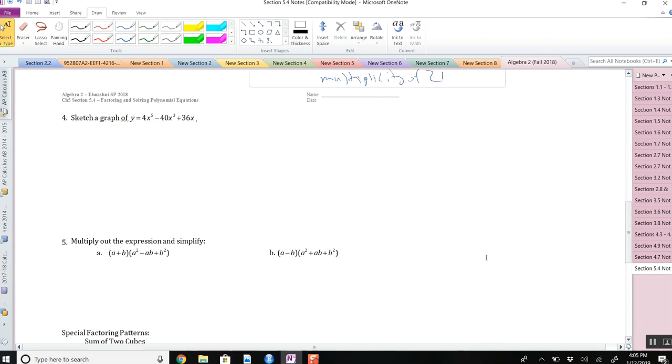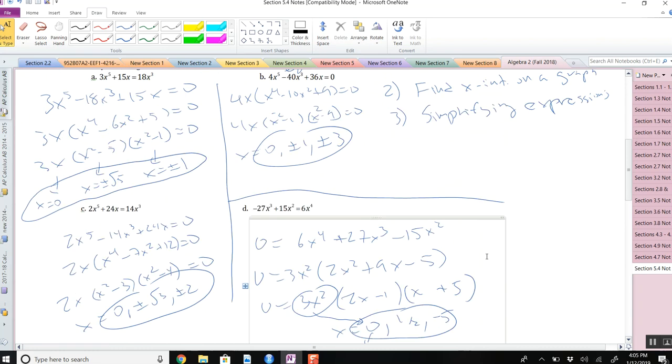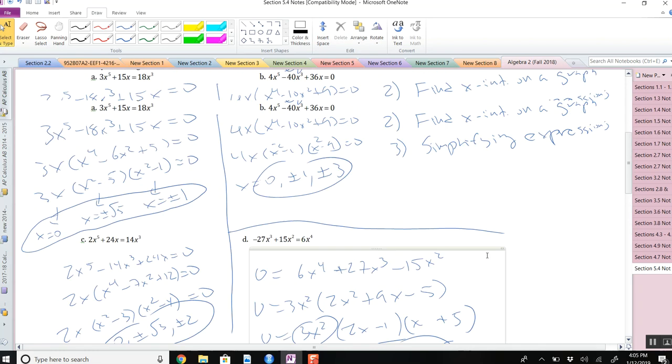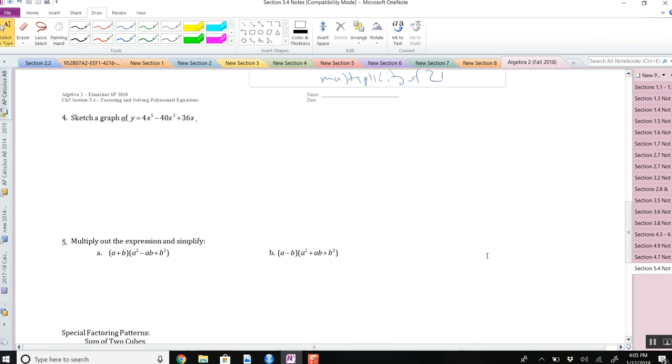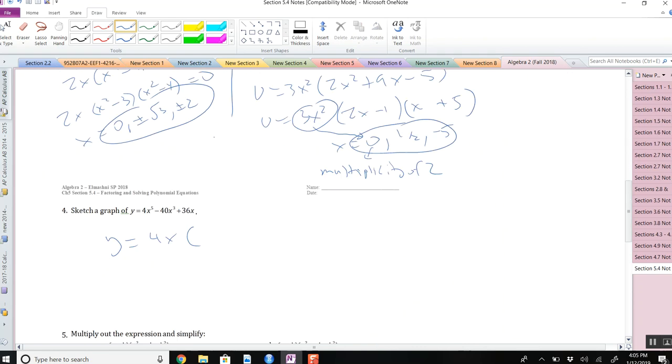So, sketching a graph. Actually, we just did this one in part B, so I don't need to do it again. It was y equals 4x, x squared minus 1, x squared minus 9. So the zeros or x-intercepts were 0, plus or minus 1, plus or minus 3. So I'll do a little coordinate plane here.